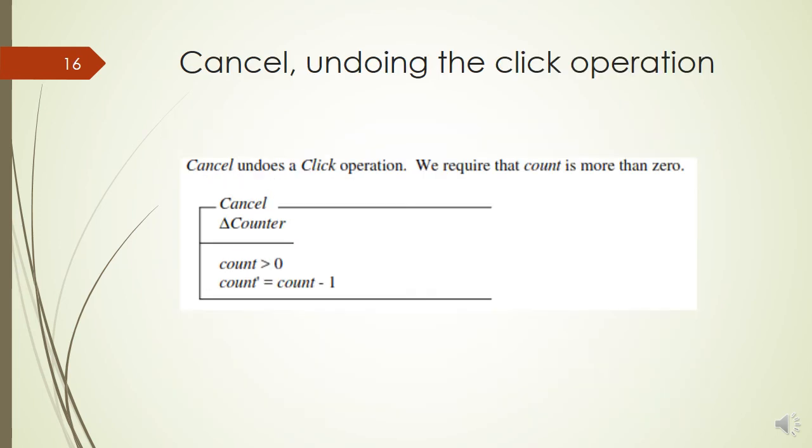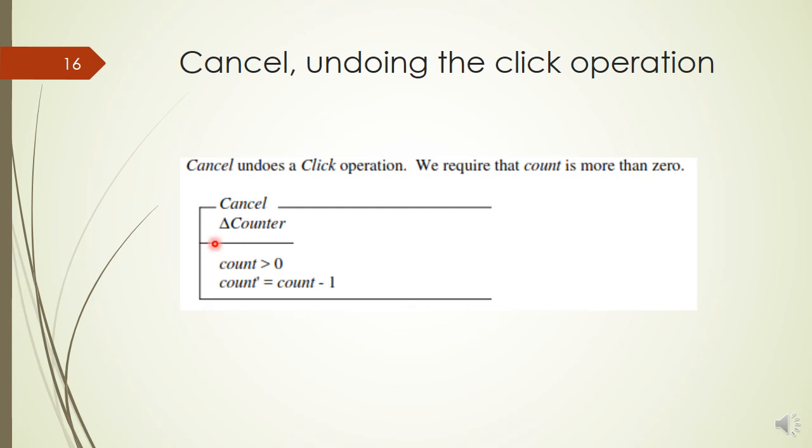We have another operation with the name of cancel for undoing the click operation. We can also name it decrease count, because the cancel operation basically brings a change in the system state variable by decreasing its count.